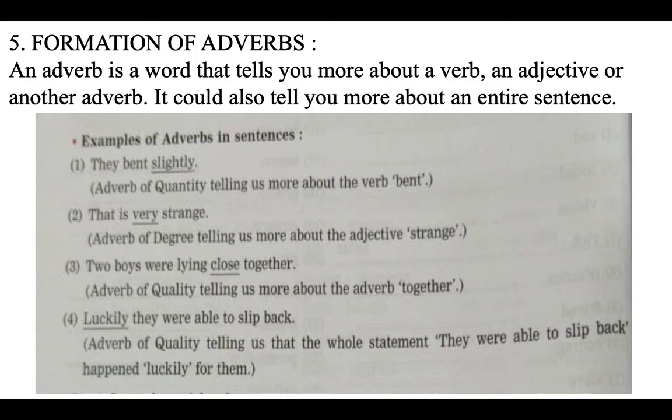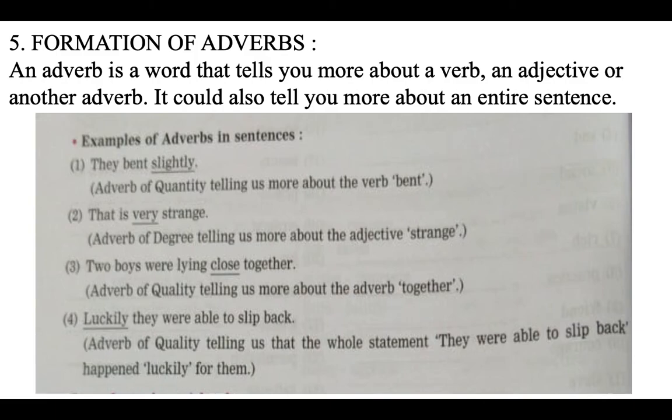All right, they bent slightly, the adverb of quality telling us about the verb bent. How did it bend? It bent slightly. Next, that is very strange. So you have the adverb of degree telling us about the adjective strange, telling us how strange it is.